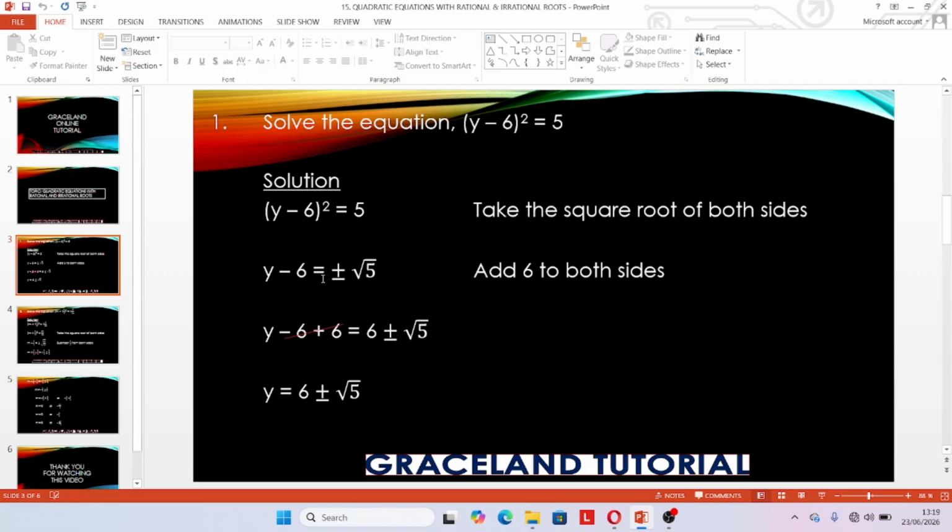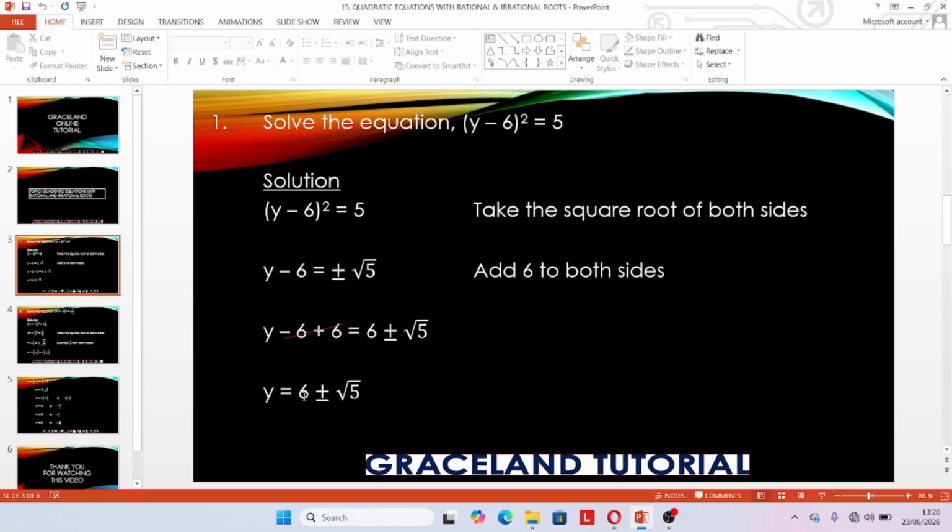y − 6 is equal to plus or minus the root of 5. To calculate the value of y, we need to do away with the minus 6. To do that, add 6 to both sides. So y − 6 + 6 is equal to 6 plus or minus the root of 5. We have added 6 to the left hand side and also to the right hand side.